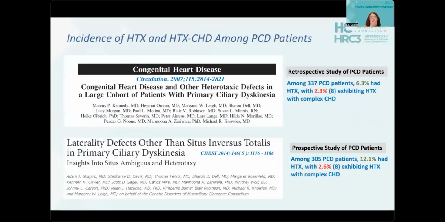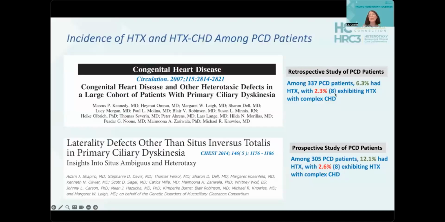And so this, in fact, is supported by the findings from the Mucociliary Clearance Consortium, where they conducted a large retrospective study and then also a prospective study that showed the incidence of heterotaxy and heterotaxy with congenital heart disease among PCD patients is very low. So for heterotaxy, it's 6.3% in the retrospective study, 12.1% in the prospective study.